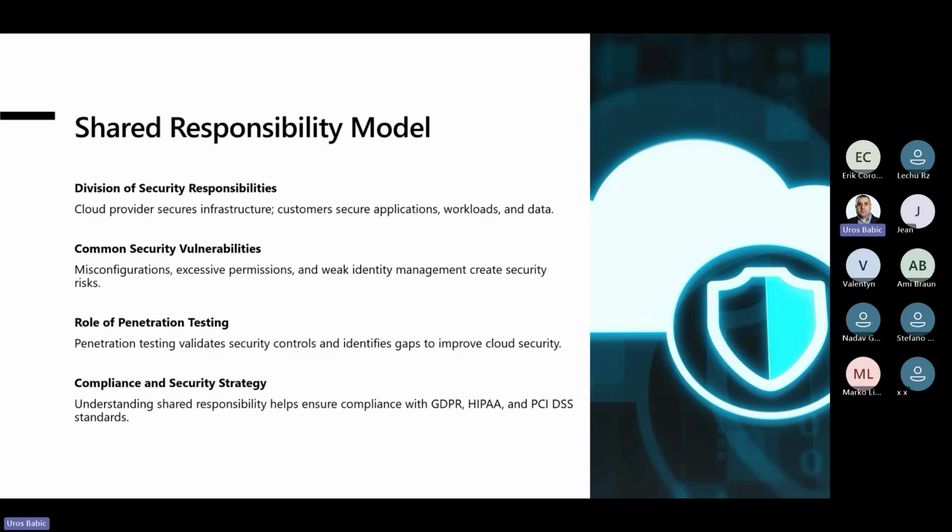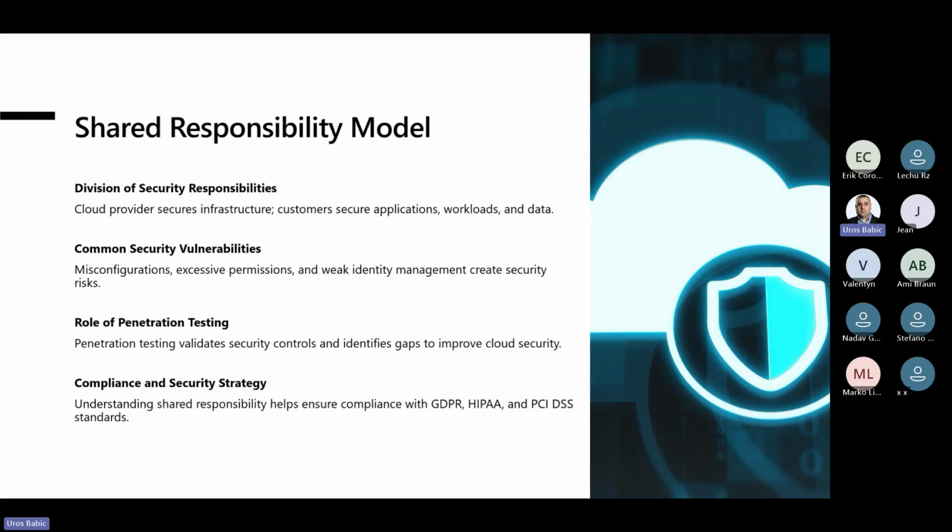You always retain responsibility for the data, endpoints, and accounts. We now also have an AI shared responsibility model with detailed guidance from Microsoft on roles and best practices, and it is very important to identify gaps to improve cloud security.